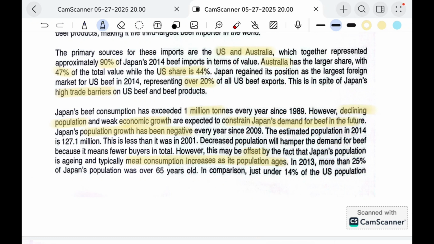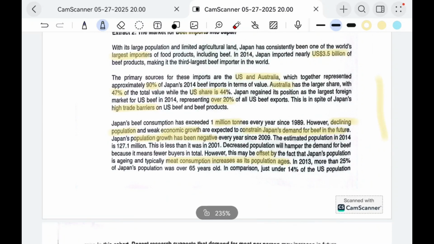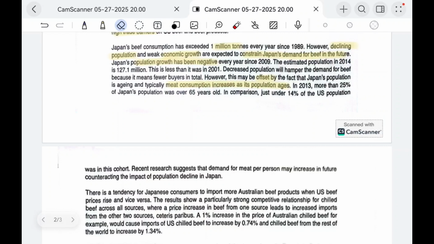Okay, then they tell me what proportion of the population is 65 and above. Not so important to me. I just need to know that it's aging. So all this additional info, sometimes you can pass, blah blah blah. Again, then talking about the demand for meat will fall and increase.